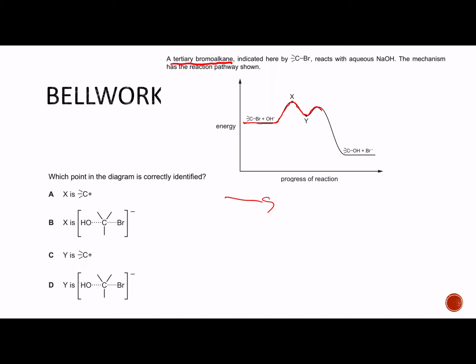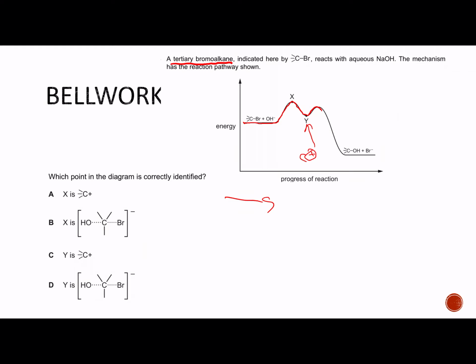All right, so this would be my intermediate. Why? My intermediate in an SN1 reaction is the carbocation, because that would be the result of the end of the first reaction.